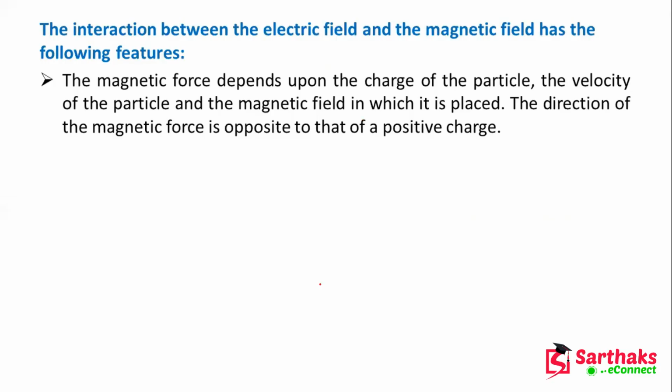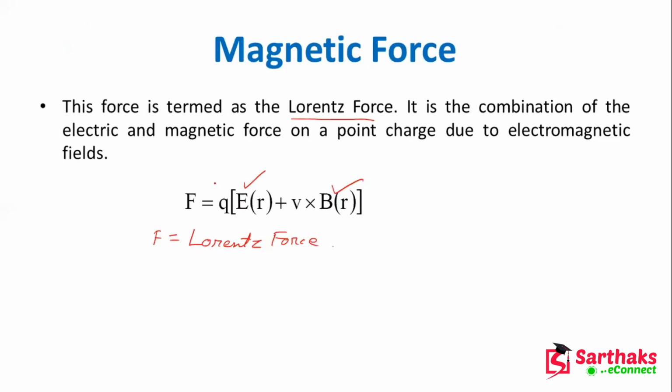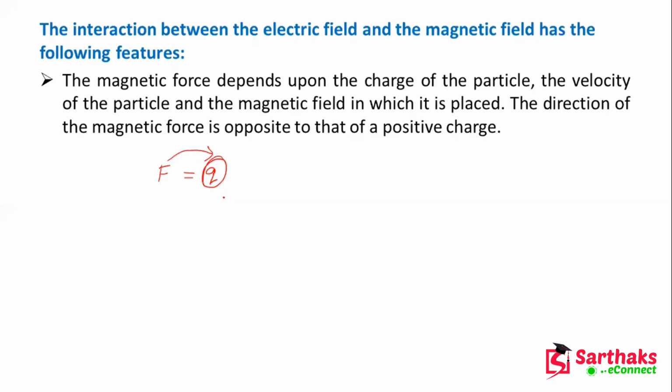First, we can see that the magnetic force depends upon the charge of the particle, because in this equation the first term is Q. That means the force depends on the charge of the particle.